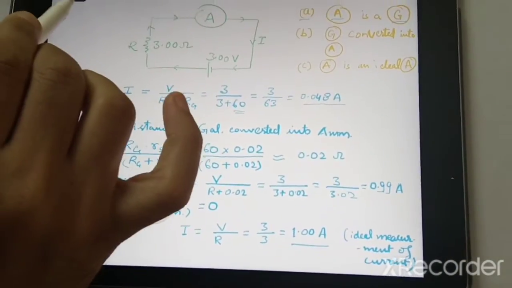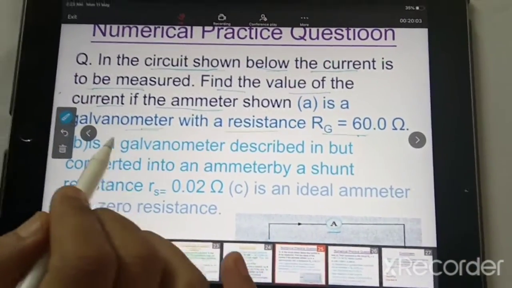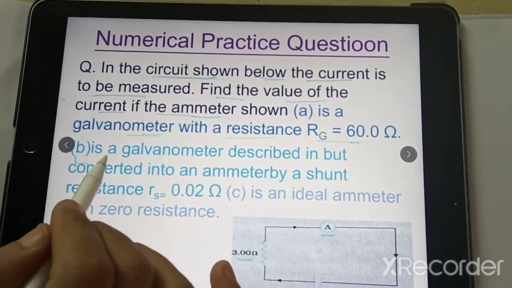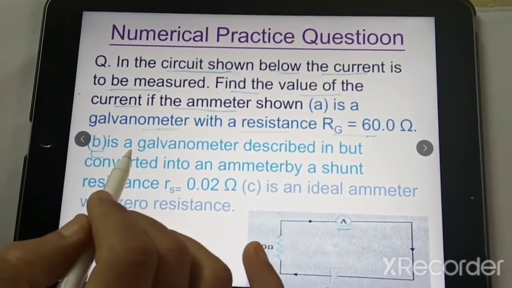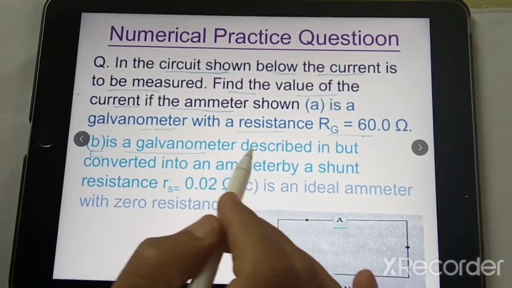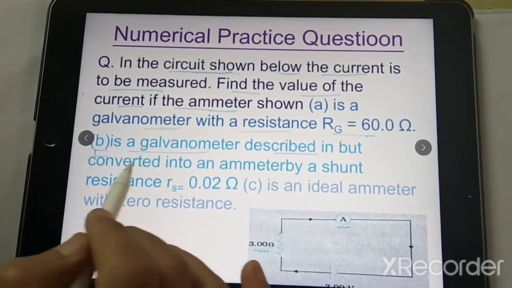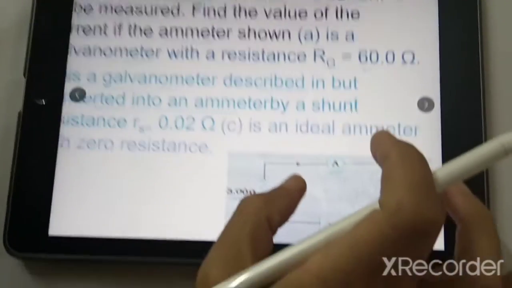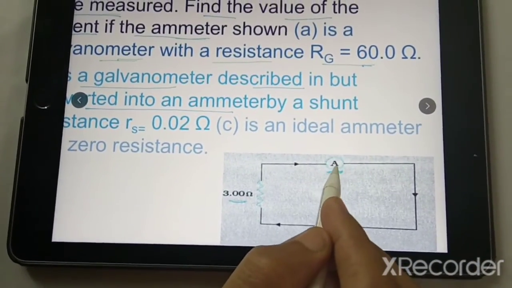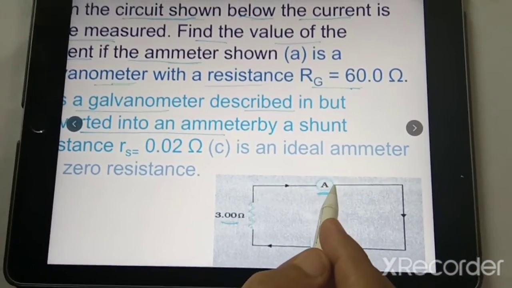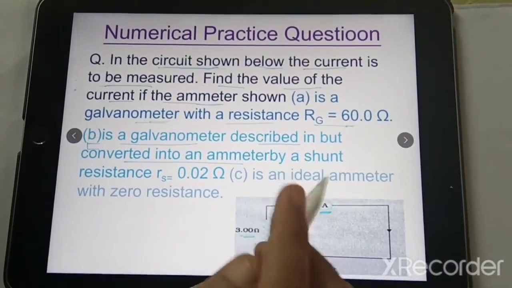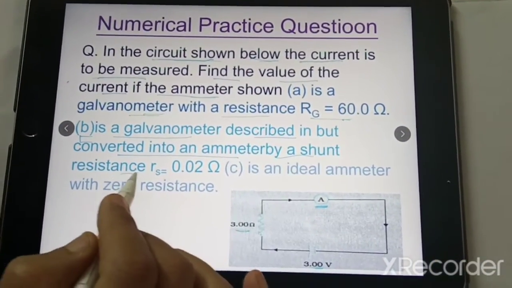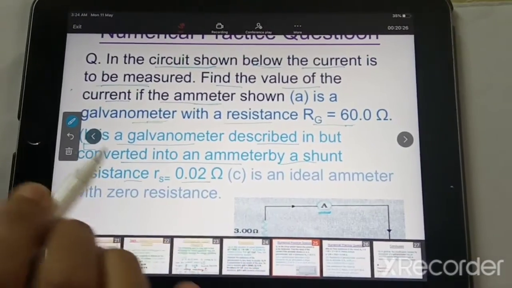Now similarly, let us see the part B. In the B part, it is a galvanometer converted into an ammeter by a shunt resistance of 0.02 ohm.